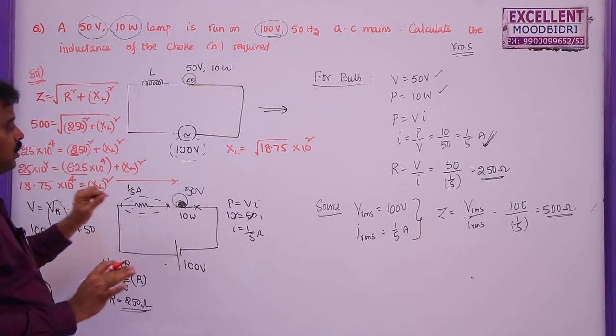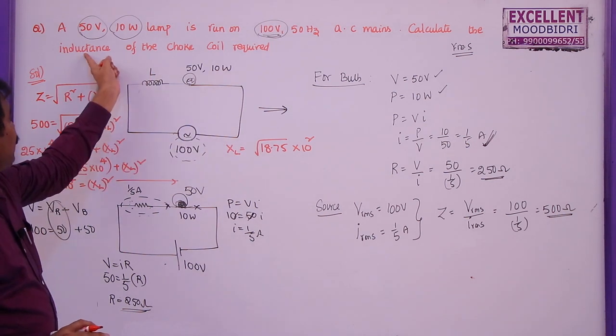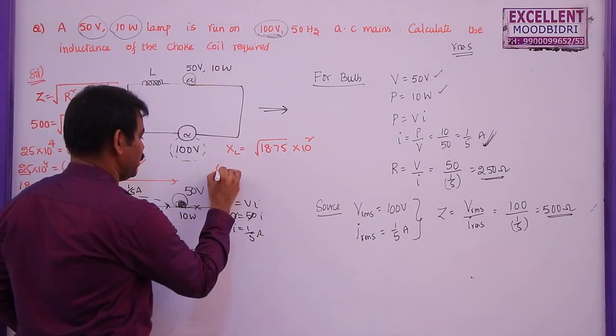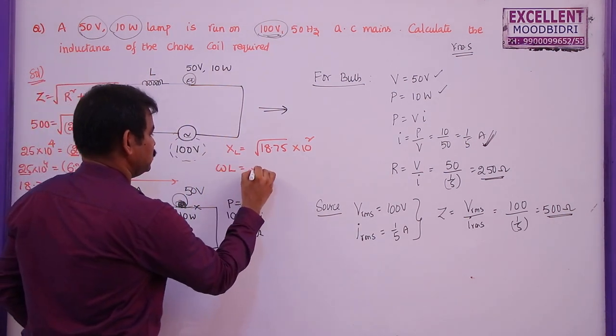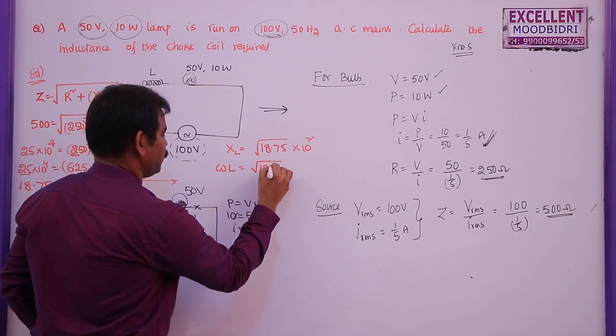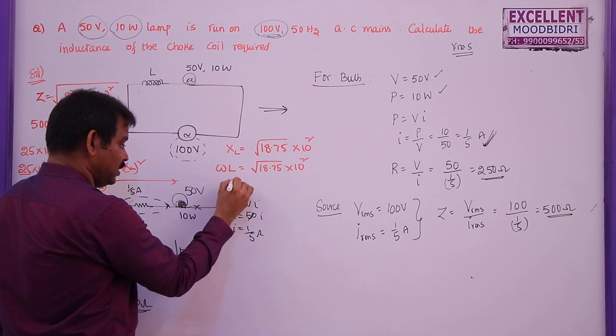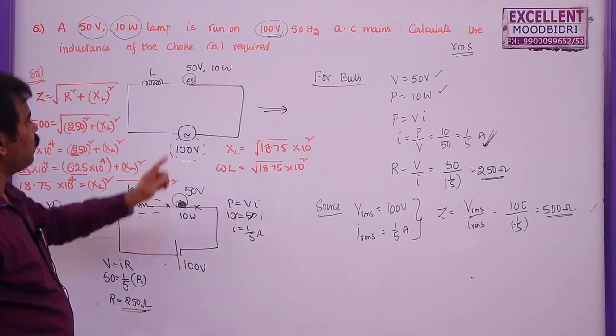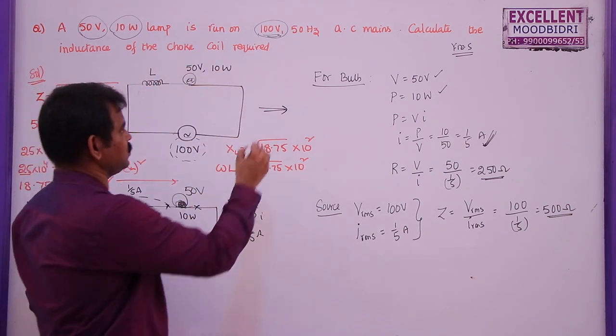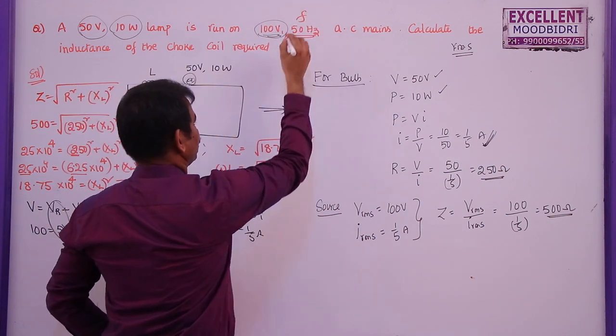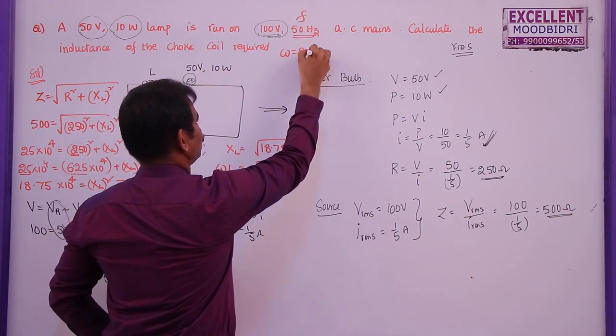But we don't want the reactance here, we need the inductance here. XL is equal to omega L. This is equal to root 18.75 into 10 square. Here omega is given by, what is the frequency of the AC source that is given here? 50 Hz frequency. So omega is equal to 2 pi f.